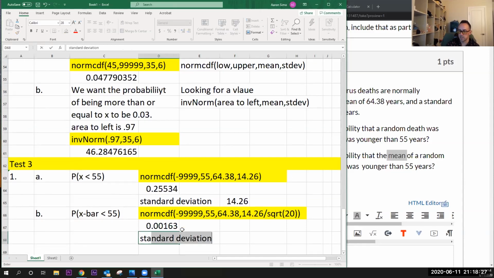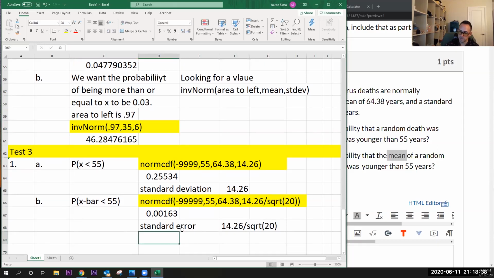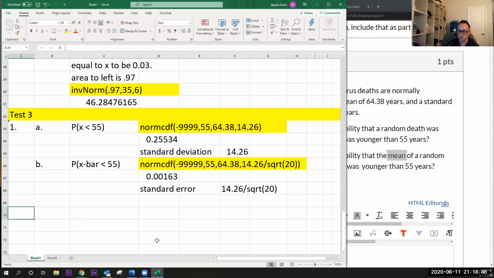Here I should say standard error of 14.26 divided by square root of 20. See? Standard deviation, standard error. So the square root of 20 is sort of attached to the 14.26, right?